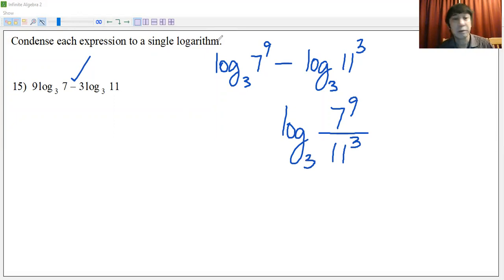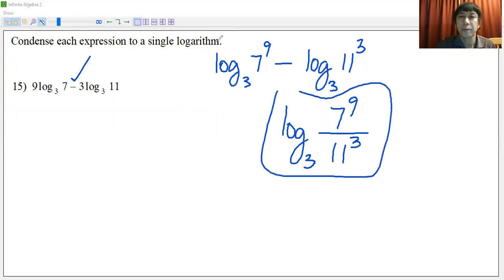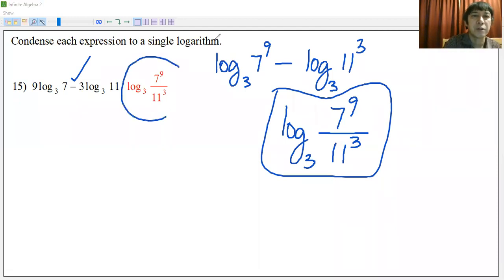And so that's it. This is the answer. Let's verify. You can see the red numbered answer over there, exactly what we have right here. I hope you learned from this number 15. We shall continue with the next number.